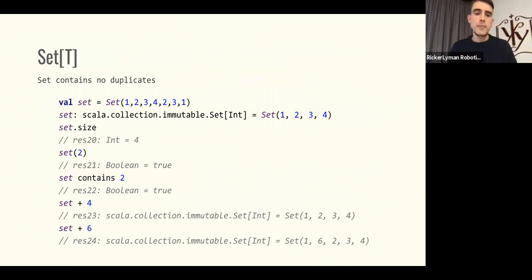Just to show you how we can walk through this collection API hierarchy, if you are interested in something like, for instance, what is the default implementation of set? Okay, I will look up the Set class, Scala collection, and we'll try to see how it is created. So I will look for the builder, which is usually in a companion object.